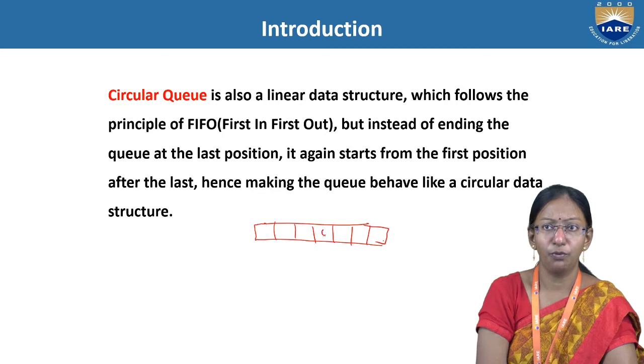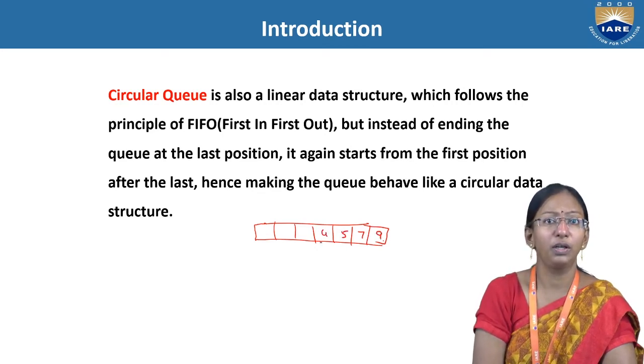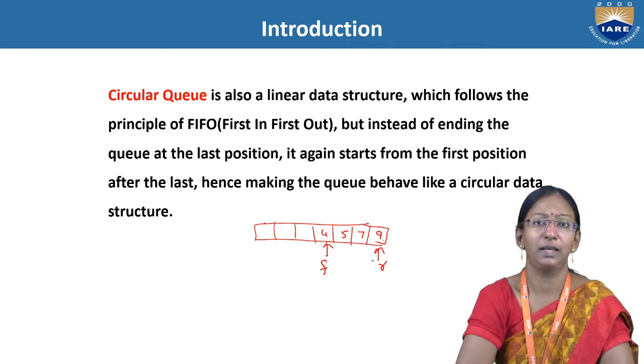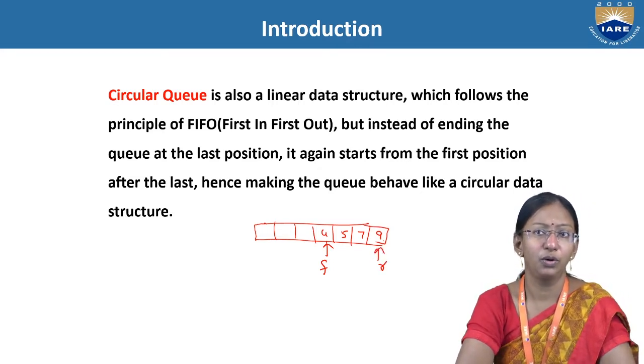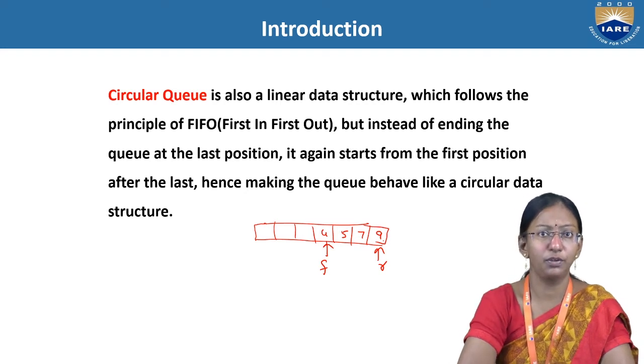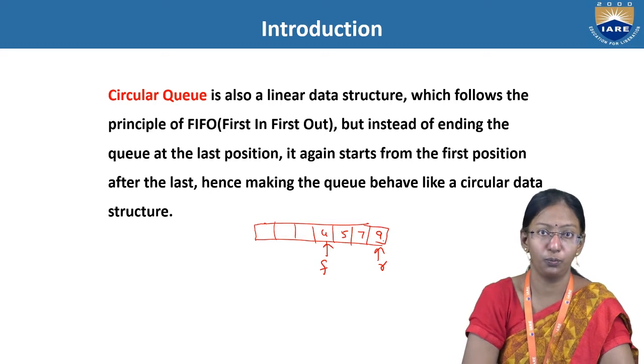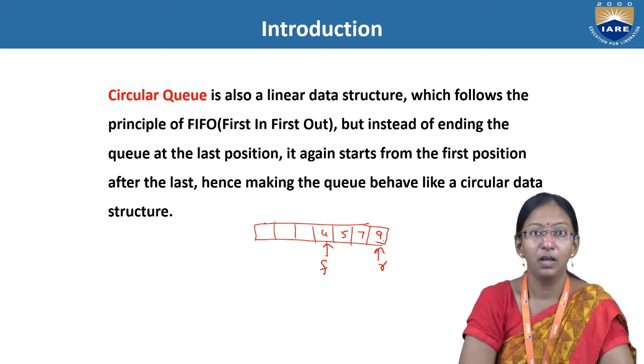Let's see, 4, 5, 7, 9 are the elements. Then what will be the position of your front and rear pointers? Front will be pointing to 4 and rear will be pointing to 9. So the elements were inserted like this. After due course, this is a snapshot of a linear queue at a certain point of time.